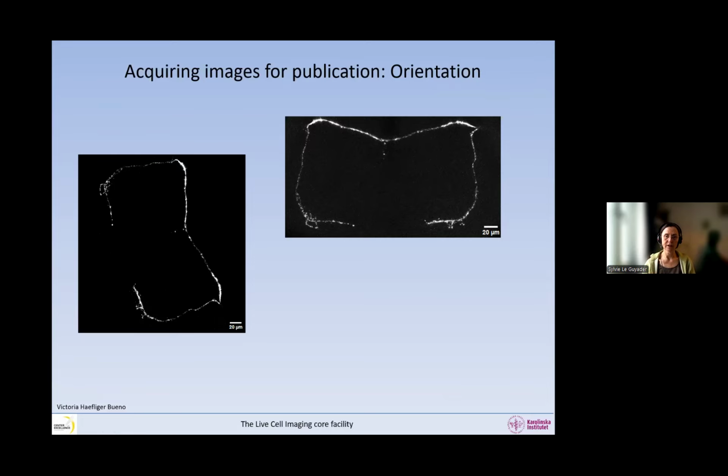Let's say it's easier if you have the same orientation. Also, if you want to display the images in a figure, if you have something like this, it will take a lot more space, and so you'd be tempted to rotate this image to make them look all the same.